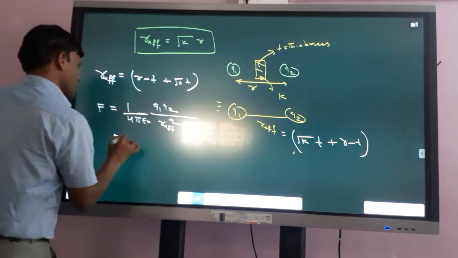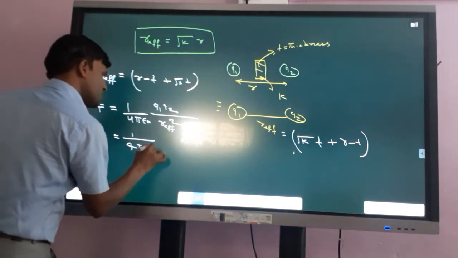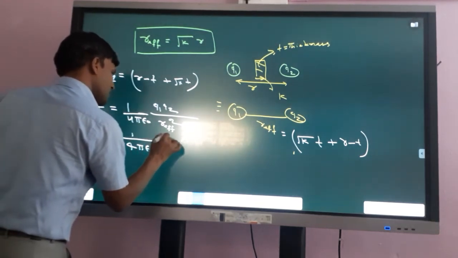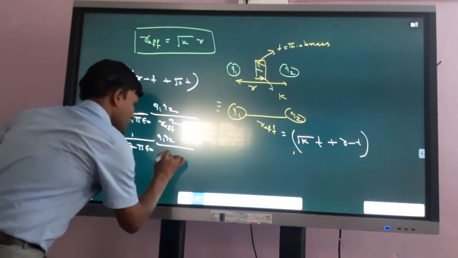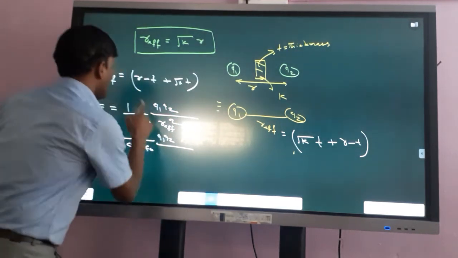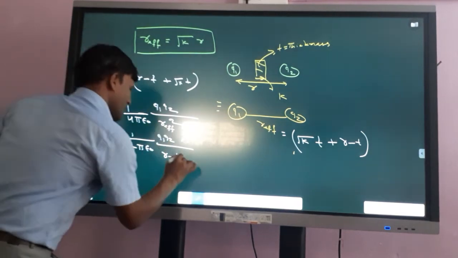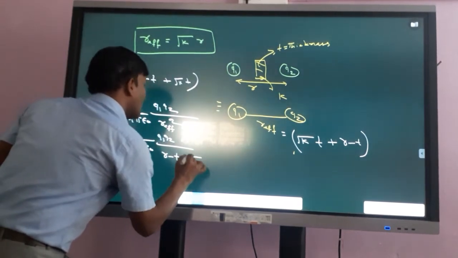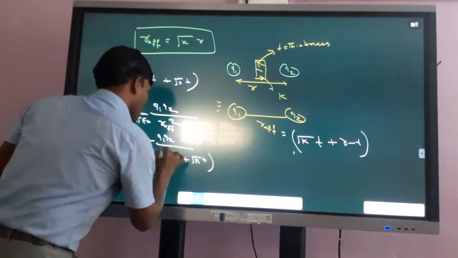So now we can write 1 by 4 pi epsilon naught Q1 Q2 by (R minus T plus root K T) square.